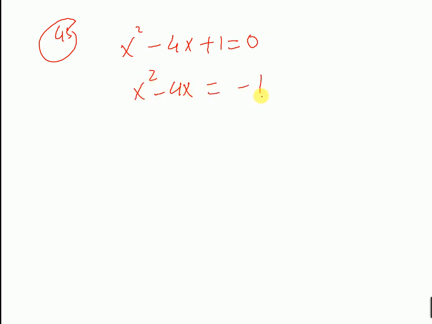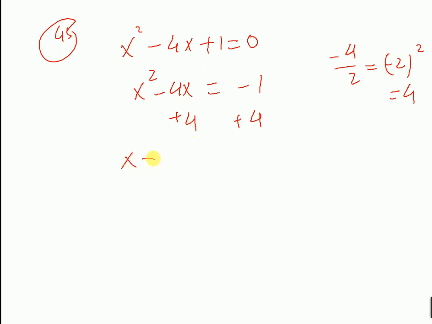The next one is 45. Again, completing the square. Before we complete the square, we need to move this c, the number, to the right side. Now, the middle coefficient is minus 4 divided by 2, which is minus 2. Square that, that's 4. I add 4 to both sides.